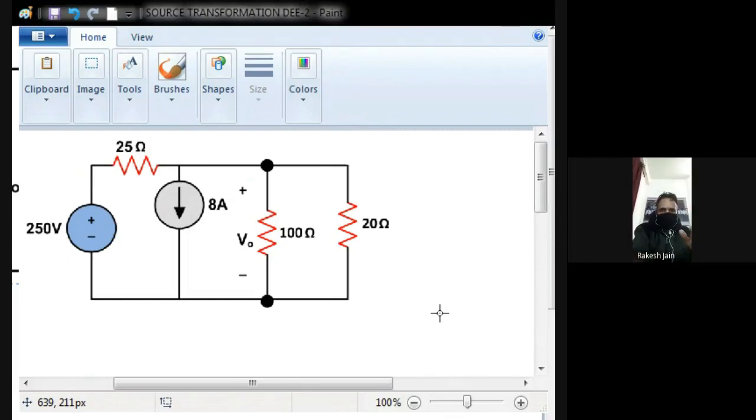So how to solve? Here I did not mention which technique you have to use. If I mention mesh analysis, which I will teach you, we will solve this numerical with that. If I teach you nodal analysis, you will be able to do this with nodal analysis. If I teach you the superposition theorem, you will be able to solve the same numerical with the superposition theorem.